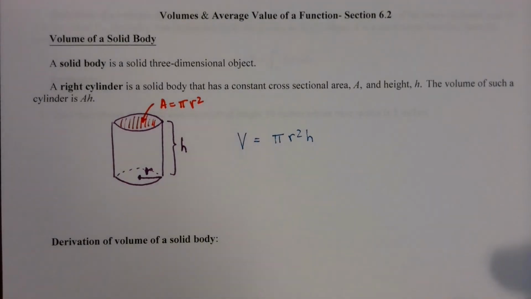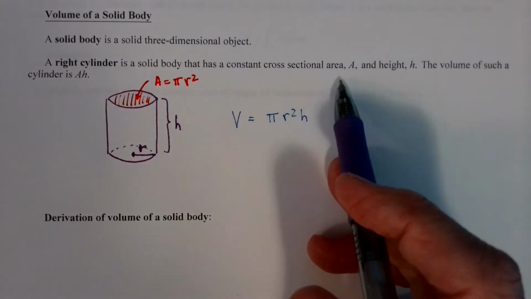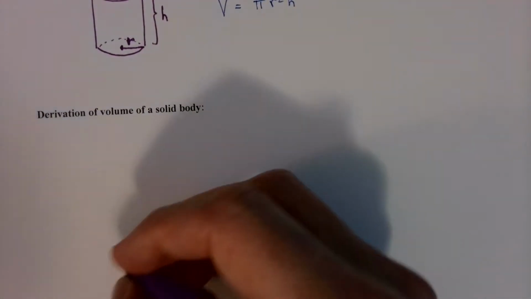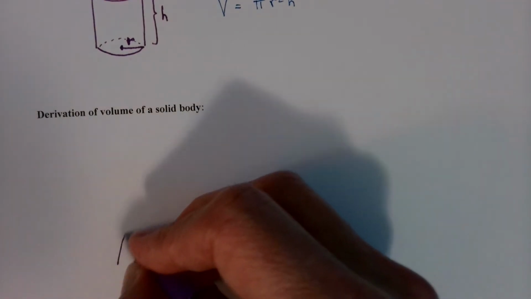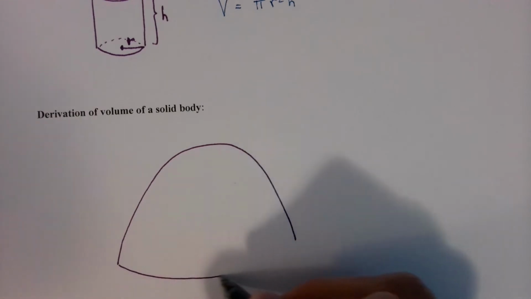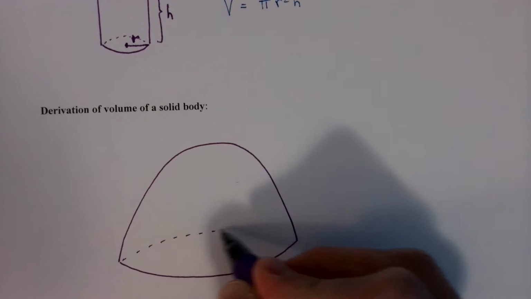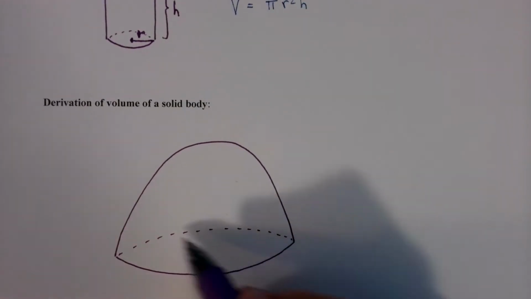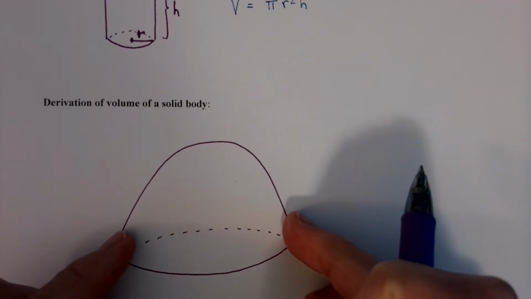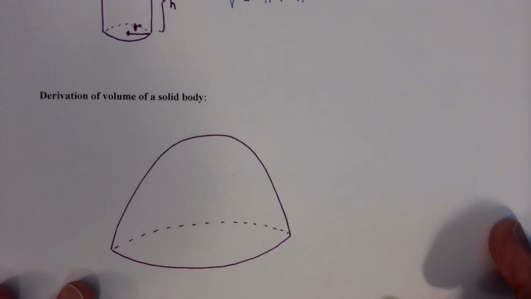The thing that we want to look at, though, is what happens if this cross-sectional area is not constant. What if it's changing? For example, maybe I have an object that looks something more like this, where at any point the cross-section may be circular, but as we move up, those circles are getting smaller and smaller, and we've got sort of this dome-shaped object.